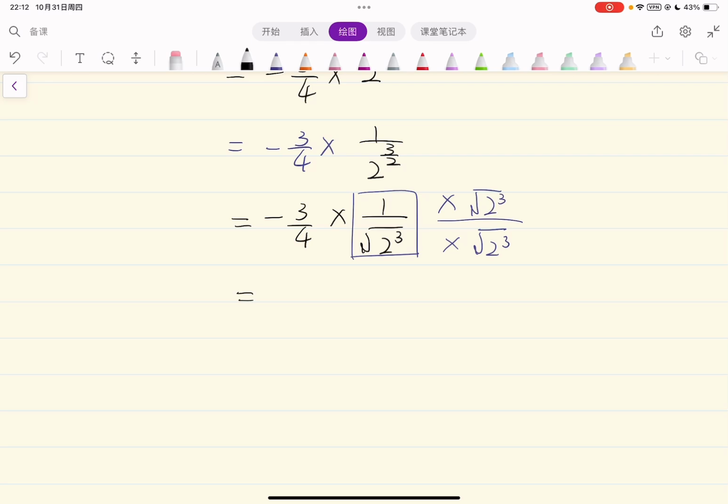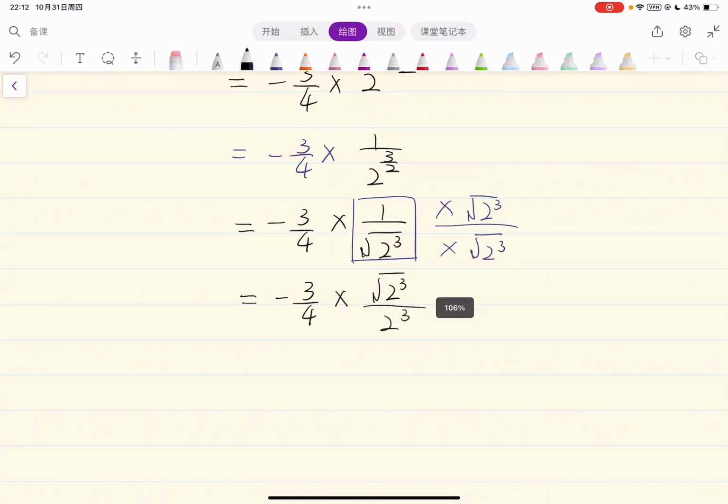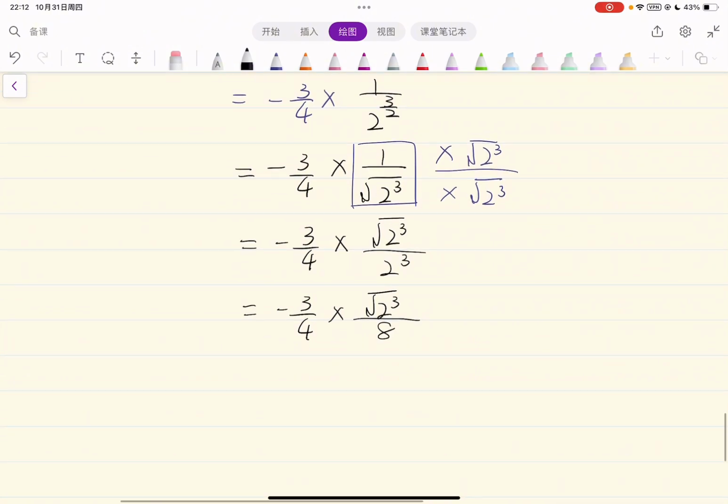That equals negative 3 over 4 times square root of 2 to the power 3 over 2 to the power 3, which equals negative 3 over 4 times square root of 2 to the power 3 over 8. That equals negative 3 times square root of 2 to the power 3 over 32.